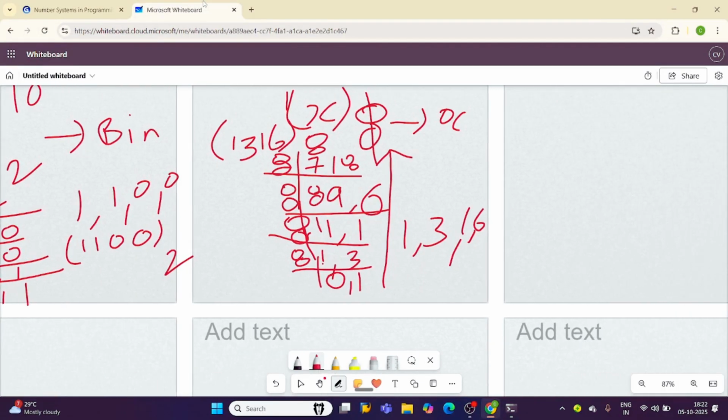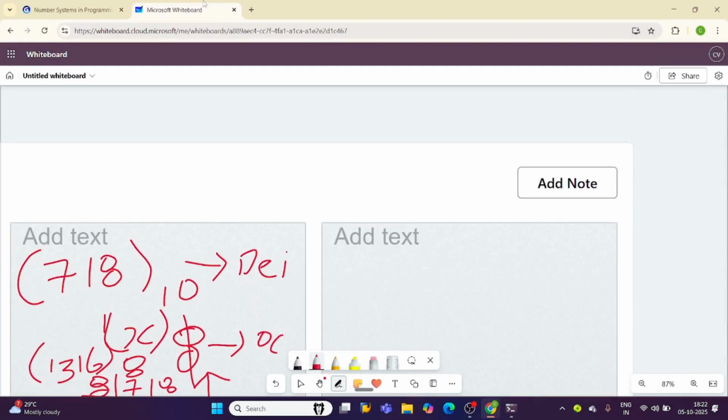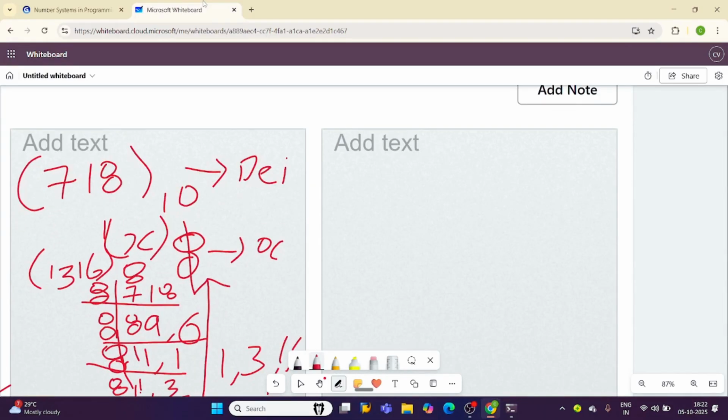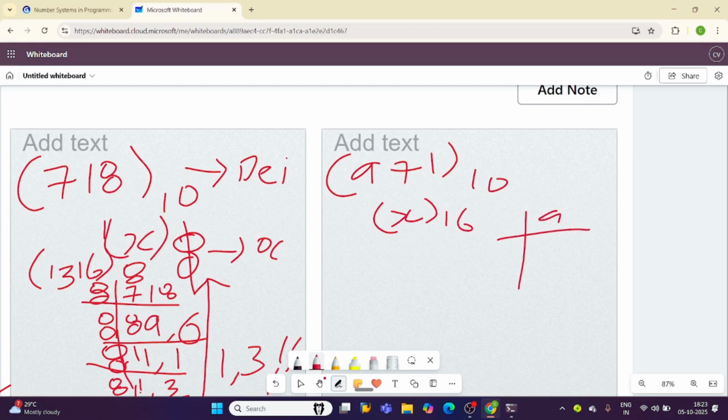Let me jump into another task, which is decimal to hexadecimal. First I will explain how to convert decimal to hexadecimal. Take 971 as the decimal number, and let x be the value of 971 in hexadecimal. Divide the number by 16, as the base of hexadecimal is 16.